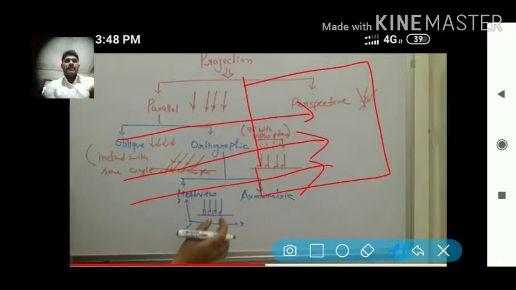So here the parallel lines are at 90 degrees, perpendicular to the plane. In oblique, why are parallel projections again classified into two types, oblique and orthographic?